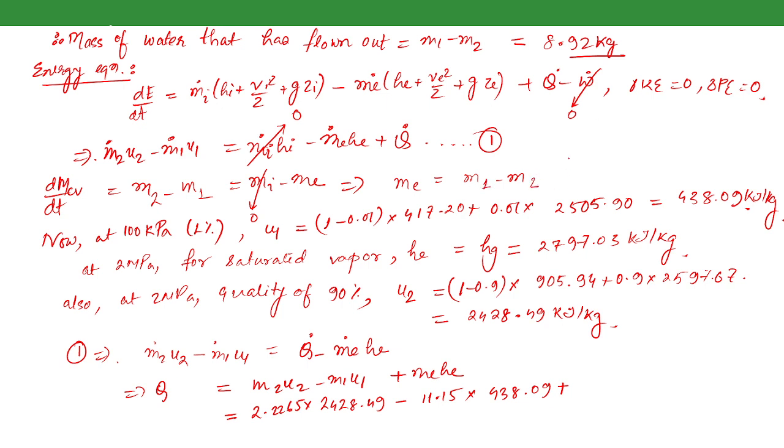This is actually the mass that is exiting, which we have found out to be 8.92. So 8.92, and the exit enthalpy is 2797.03. So the value comes out to be 25.48 megajoule.